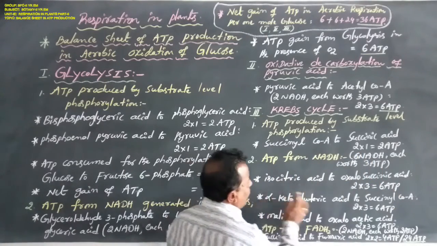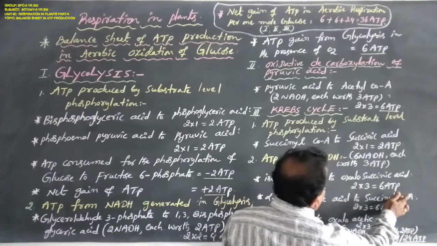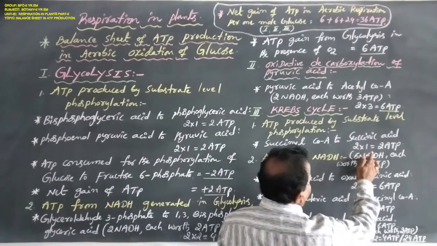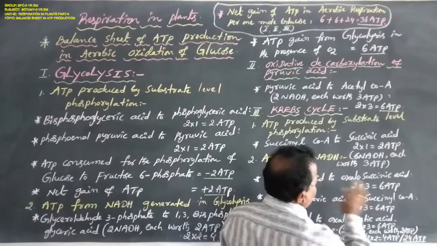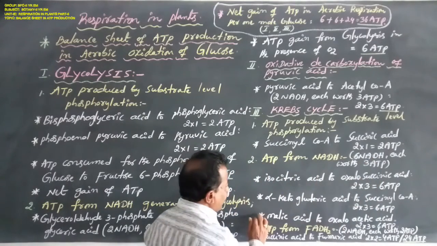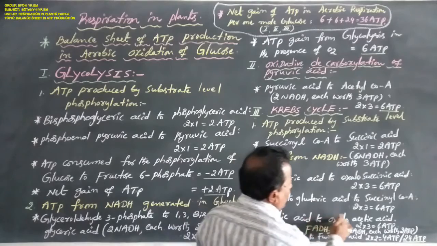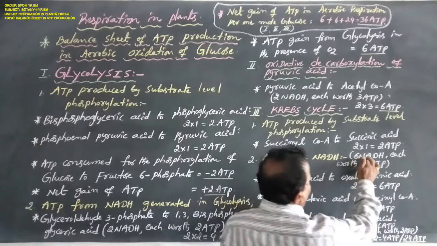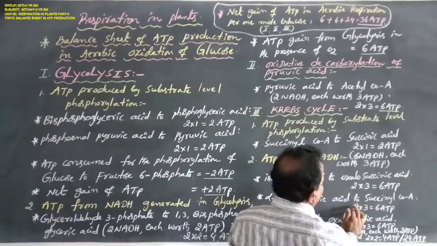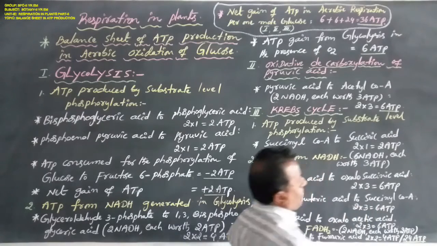Alpha ketoglutaric acid to succinyl coenzyme A forms 2 NADH, so 2 times 3 is 6 ATP. And malic acid to oxaloacetic acid forms 2 NADH, so 2 times 3 is 6 ATP.